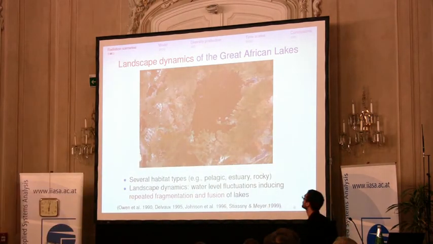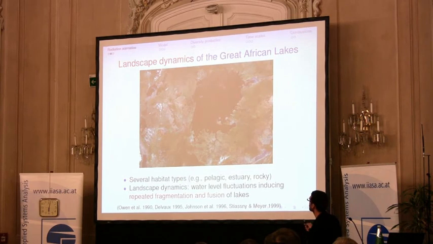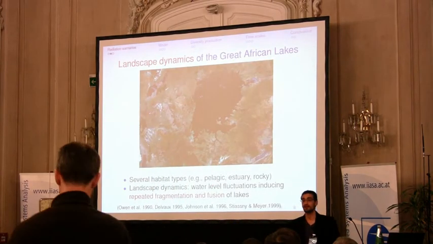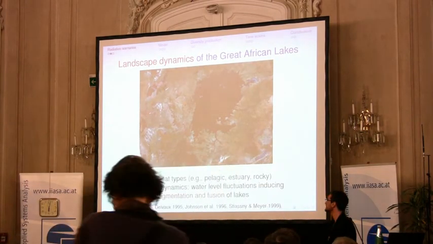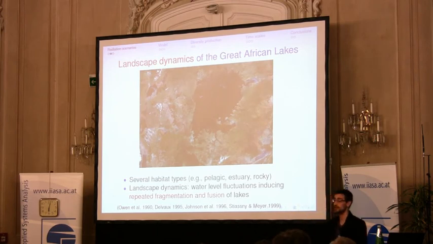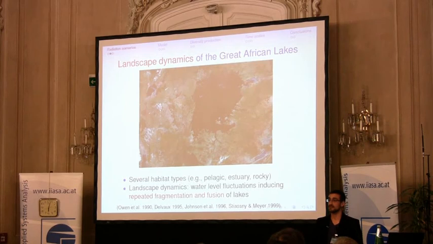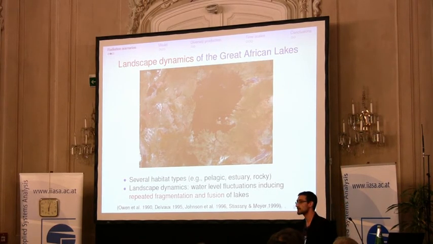So the landscape of the Great African Lakes consists of several large lakes surrounded by many smaller lakes. And we know that there are several habitat types in these lakes, such as pelagic, estuary, or rocky habitats. And we also know that there have been climatic fluctuations inducing water level fluctuations, and this has resulted in the repetitive fragmentation and fusion of lakes.